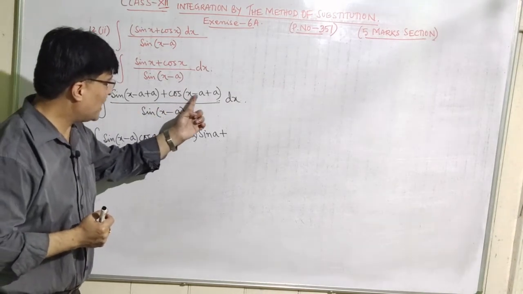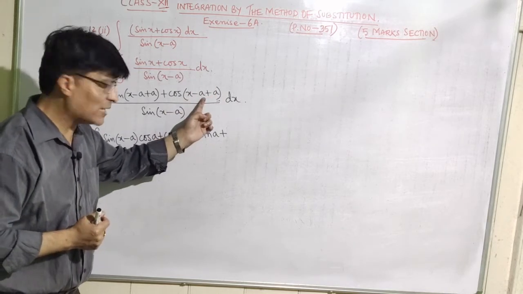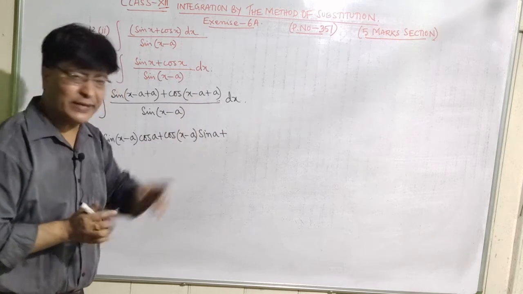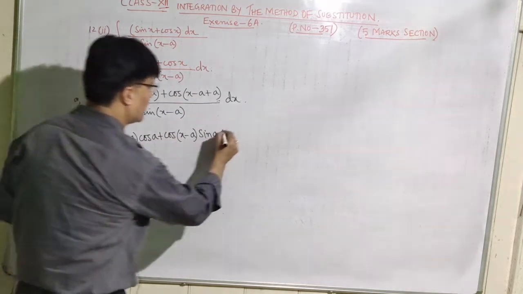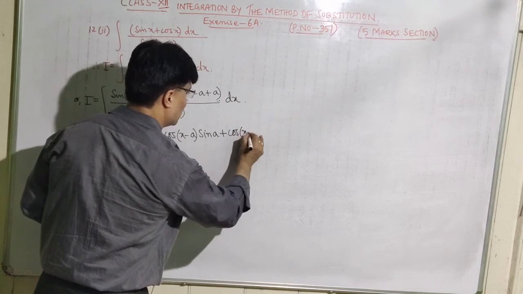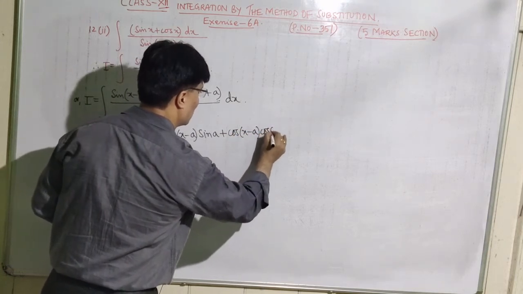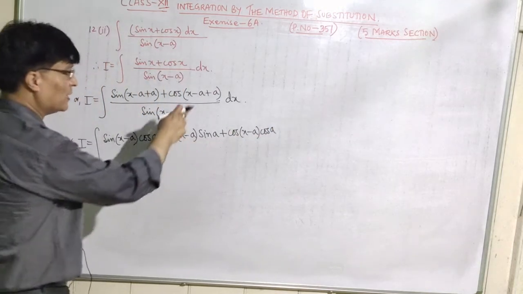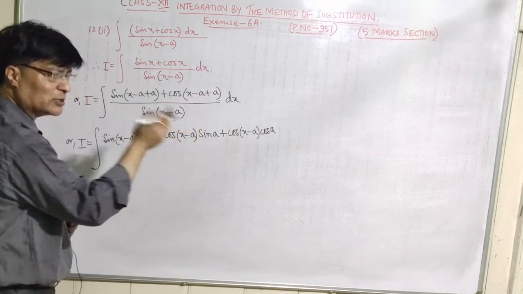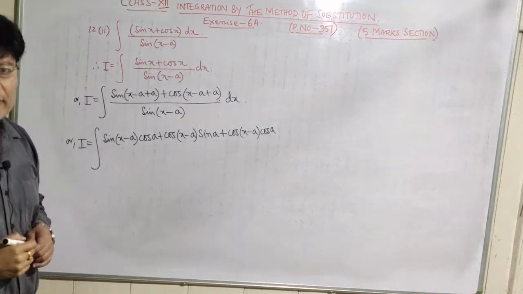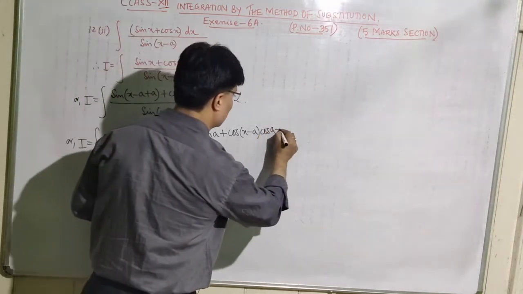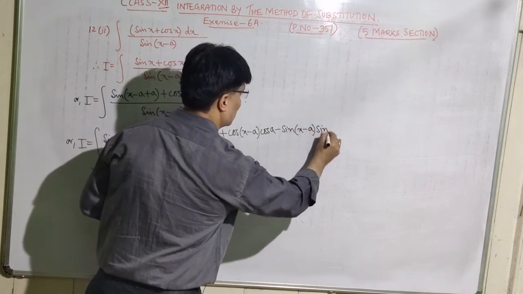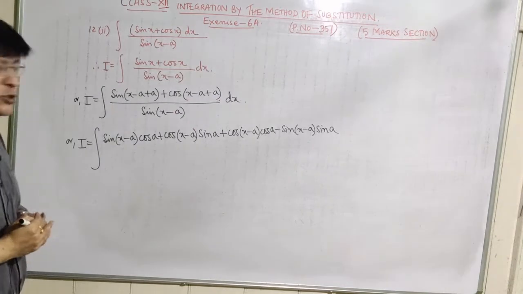Similarly, what is cos of a plus b? Here x minus a is A and plus a is B. So this is cos of A plus B. What is cos of A plus B? Cos A cos B minus sin A sin B. I think you have understood it.